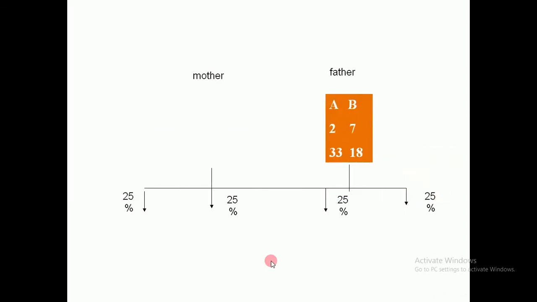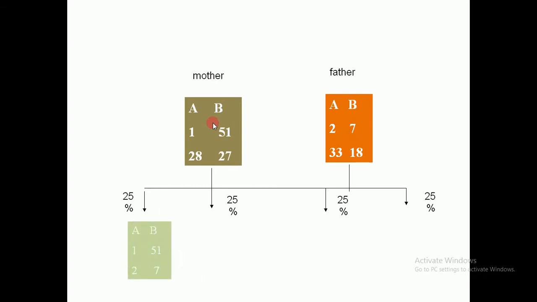And for example, here the father mates with the mother, and they have children, and this is the HLA of the father, and this is the HLA of the mother, and the HLA of 25% of the children, A1, B51, and A2, B7, and this is the haplotype.